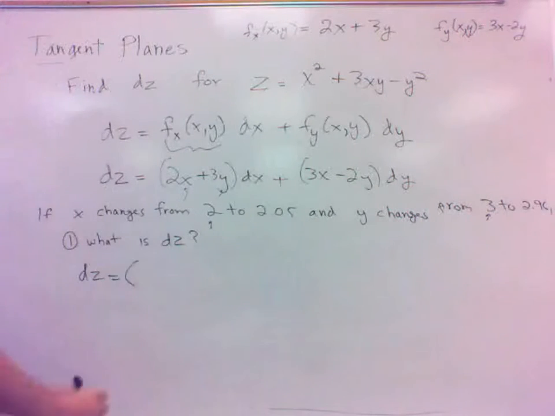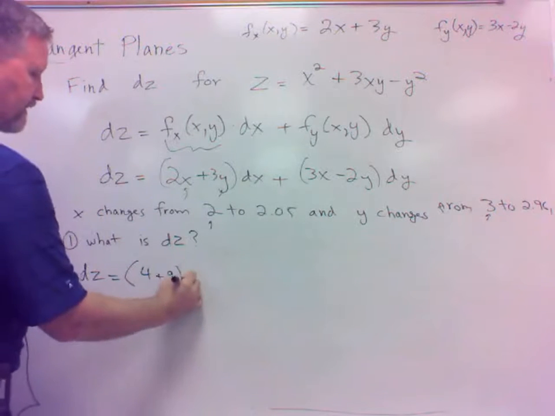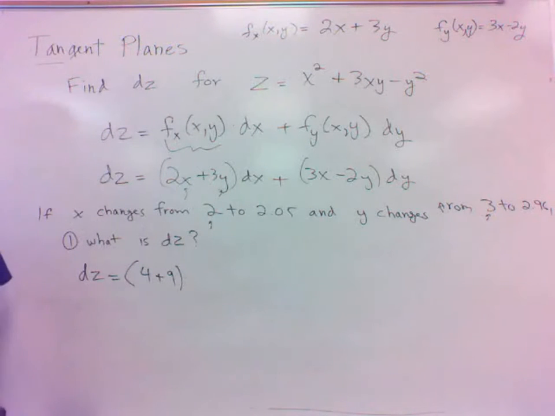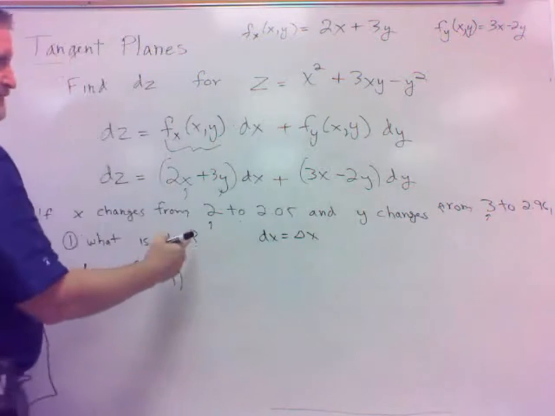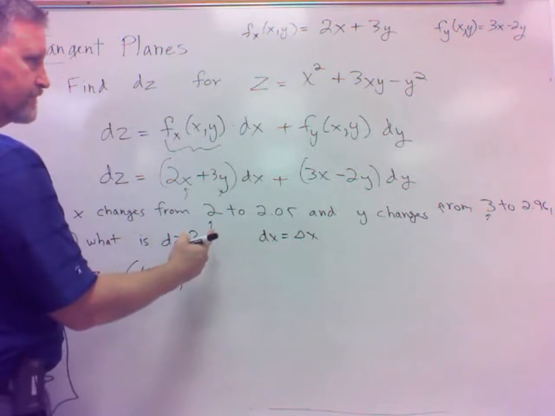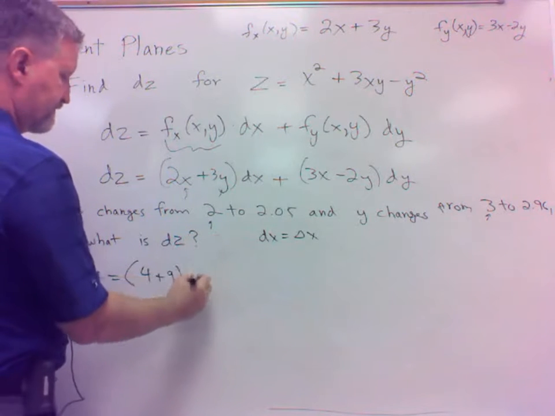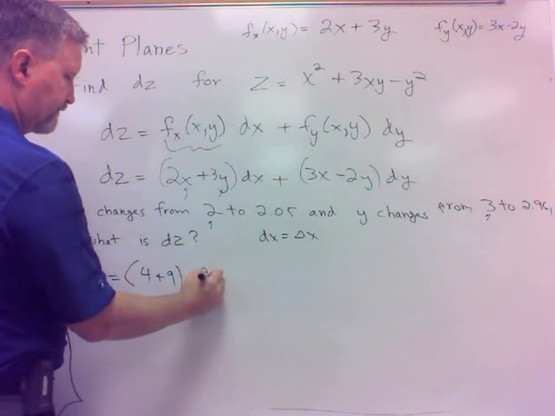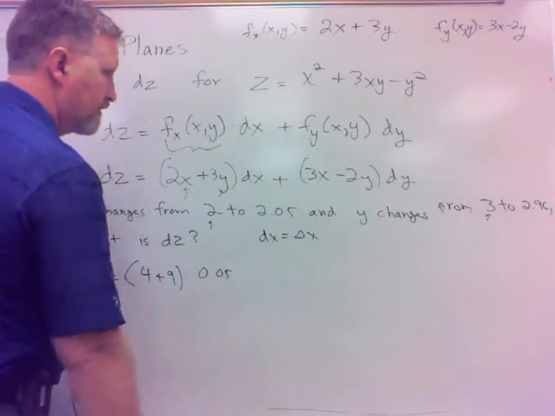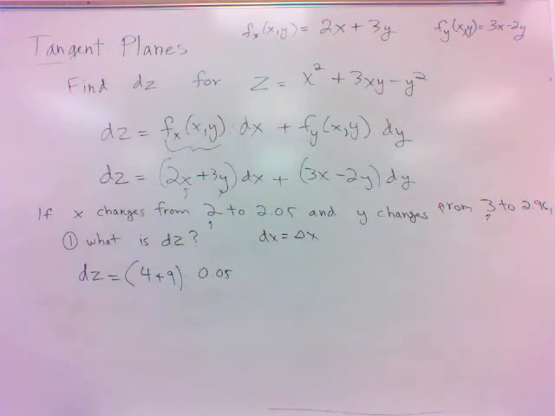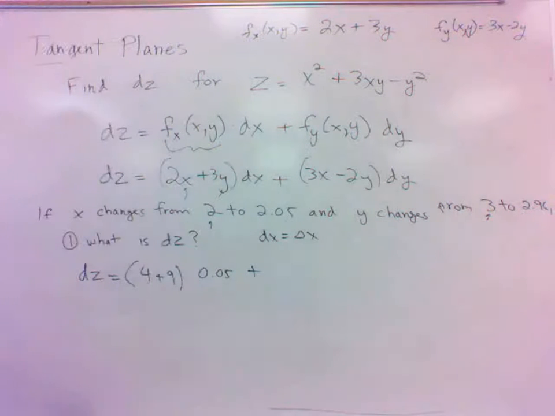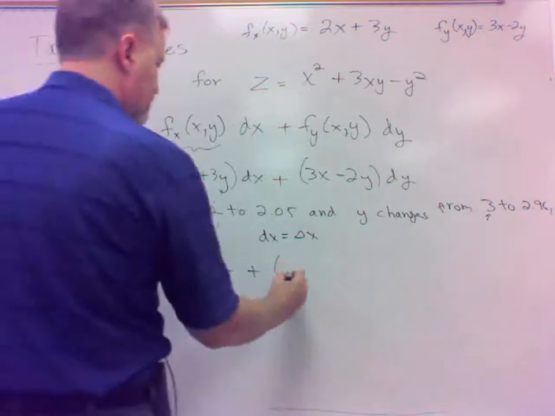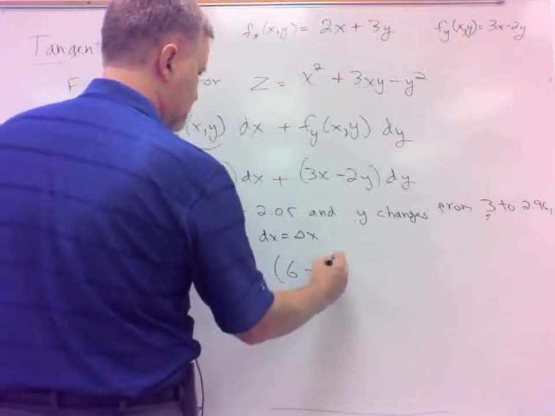So x is 2, y is 3, so it would be 4 plus 9 times dx, which is delta x. Yeah, dx equals delta x. So that's just the change of x, .05. And all right, so we get 6 minus 6.